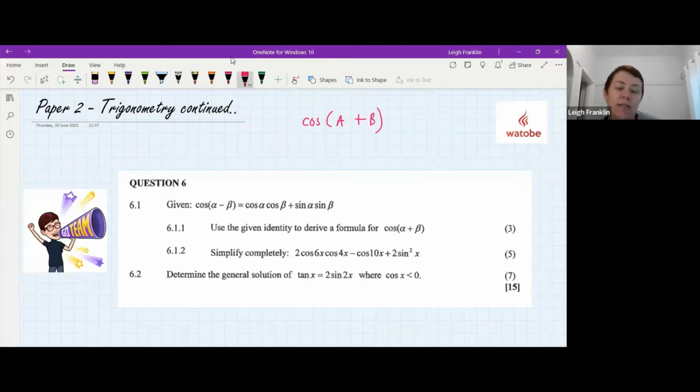Fortunately for us, that theorem is not tested at matric level, thank goodness, because it really is quite a nasty one. But what they do ask us to do is show how the other compound angle identities are derived from cos A minus B. It's cos A minus B that is the original one, and then from there everything else is derived.